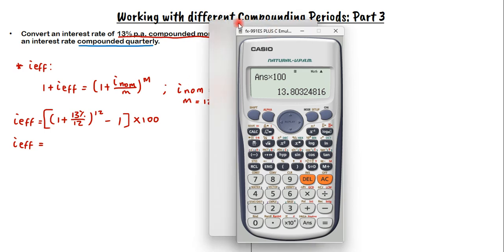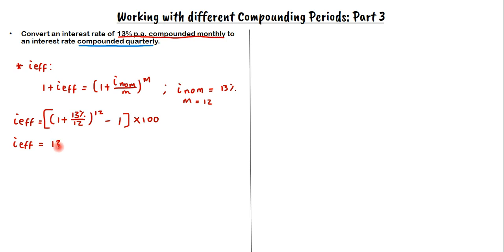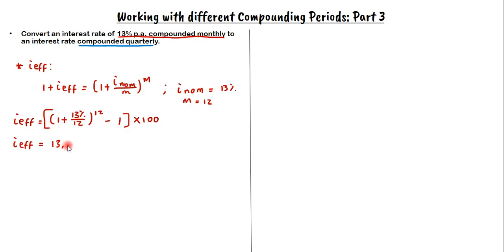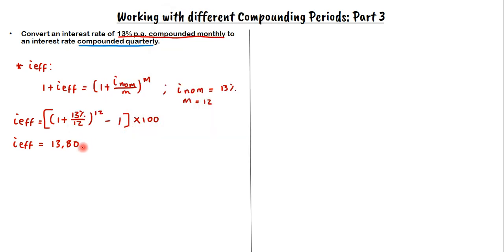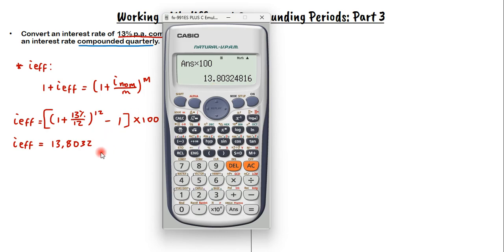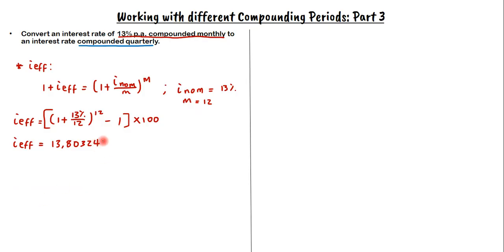Now here, this effective interest you need to write exactly as it is. So 13.80324816 percent.